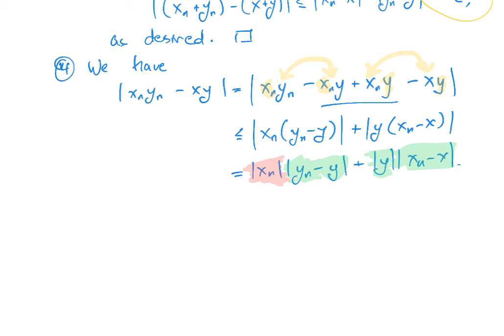Now we come over here. The problem is this xn is changing. That changes as n changes. So we might have the case that we've bounded the yn minus y, but because we're multiplying by an xn, we're taking a small thing and making it big.